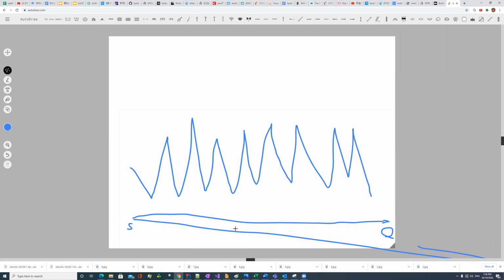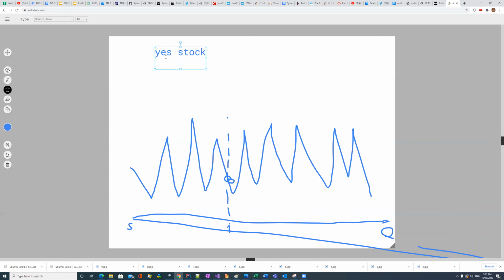Let's assume this is day I, and this is the stock price for day I. I have two statuses. One status is having a stock, and the other status is not having any stock.